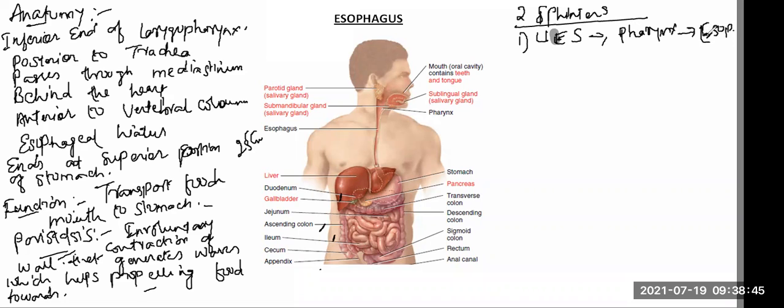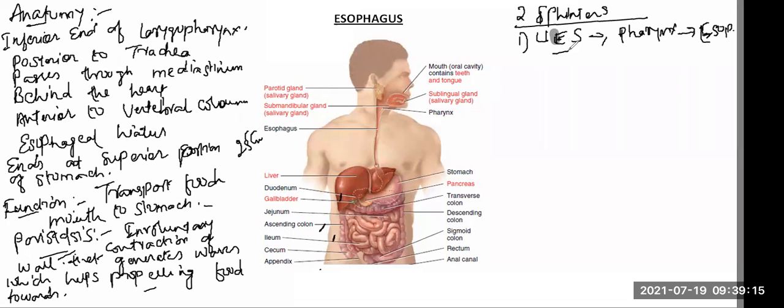We know these sphincters are circular valves, circular muscles that guard the movement of food in the forward direction. It would not let your food come in the backward direction. If food is coming in the backward direction, that means there is some problem. So movement of food in the reverse direction, or the reflux of food, indicates some condition or maybe a disease. We'll just look at one of the diseases.